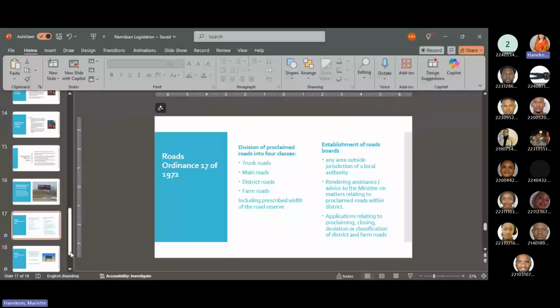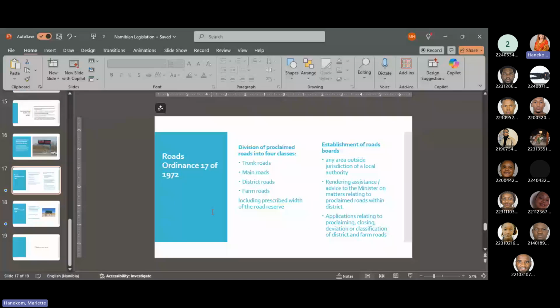Then quite an important piece of legislation, which is still very, very much effective in Namibia. You might ask why are we still using pre-independence legislation? For the simple reason that there's absolutely nothing wrong with this particular act. The roads ordinance, it's still an ordinance because it's pre-independence.